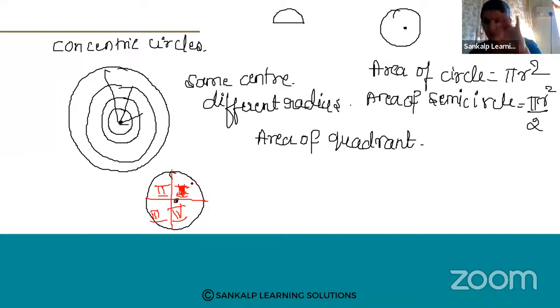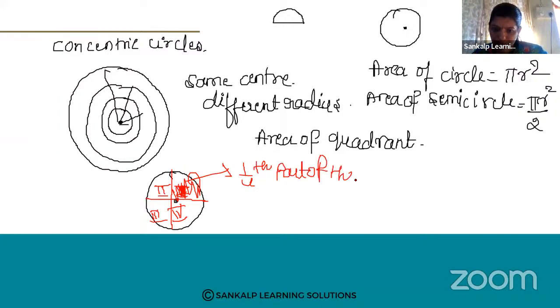With the 4 parts, we call each one a quadrant. Then how are you going to find the area of the quadrant? See, my dear children. Quadrant means what? It is a 1/4 part of the circle, right? So this is a 1/4 part of the circle, that is called a quadrant.